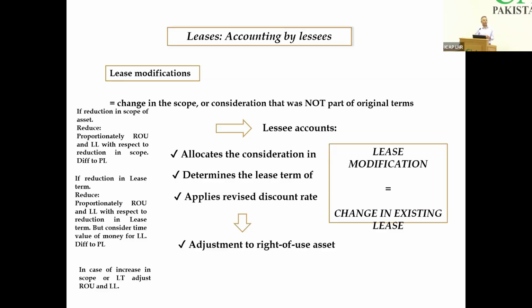In these two situations, you will simply calculate the present value of lease liability at new discount rate, compare with the carrying value of lease liability. The difference will be adjusted with the right of use and lease liability. It's a simple calculation. So the problem lies where you decrease the scope of the asset or you decrease the lease term. In these two situations, you have to perform certain additional calculations. So let's have the Excel examples.